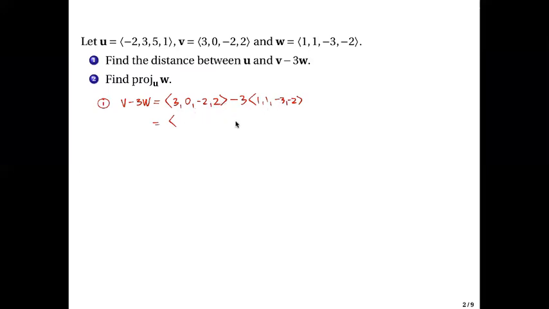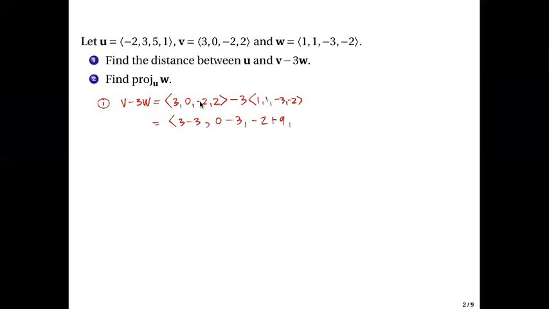So this is equal to, let's multiply this minus 3 to this vector and then let's combine them into a single vector. So that we will have 3 minus 3 times 1, and then here 0 minus 3 times 1, so 0 minus 3. And then we have -2 minus 3 times -3, so this becomes -2 plus 9.